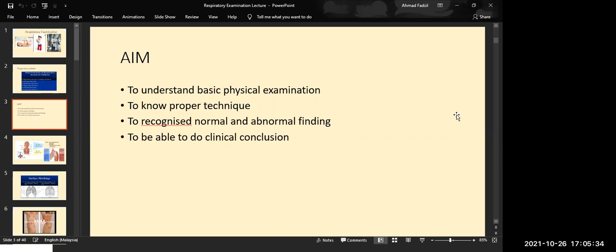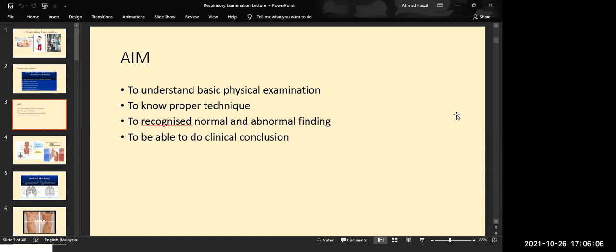I can talk 2 or 3 hours about the physical examination, but if you are unable to simulate it on your patient, I don't know how you are going to get any benefit from this lecture. But we try our best, because physical examination is best learned when you do it on your patient, thus you know how to do it.